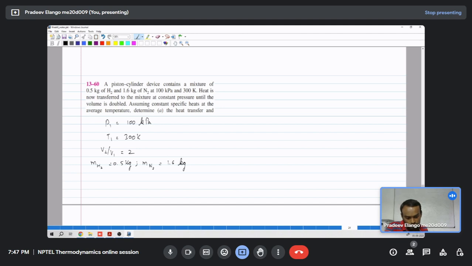So in this process, we can assume a polytropic process where PV to the power n is equal to constant. Oh, sorry, it is given as a constant pressure process.